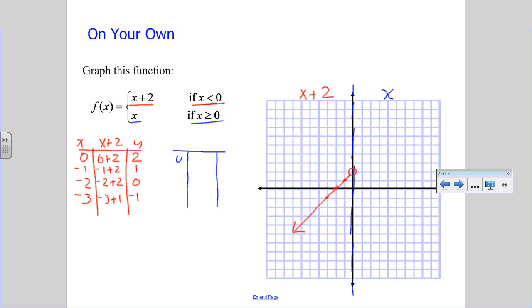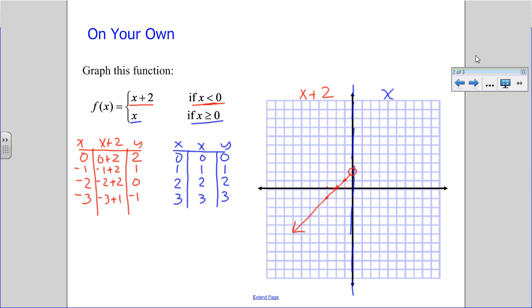I'm going to take a look at my next function. Always start with 0, or whatever your break is, and then pick 2 or 3 points to the right of it, because now we want to be greater than or equal to 0. So 1, 2, and 3. Your function is just x, so when you plug 0 in, you get 0. When you plug 1 in, you get 1. Pretty easy. That's why I said it's sometimes easier to do this by hand and not on the calculator. But what you're going to end up doing is graphing the point 0, 0.